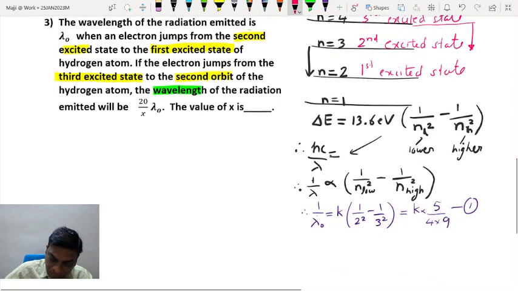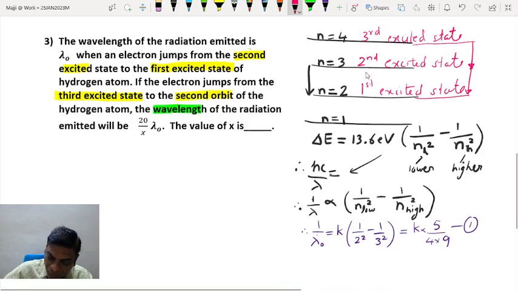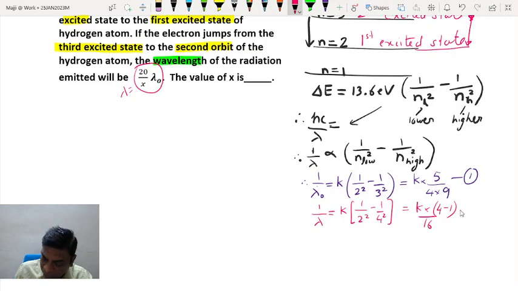Second orbit, I'm sorry, second orbit means n equal to 4 to n equal to 2. So 1 by lambda, lambda is the value which we have to find. I have taken this as lambda. 1 by 2 square minus 1 by 4 square. So k into this, 16 can be taken as the LCM, 4 minus 1, that is 3.